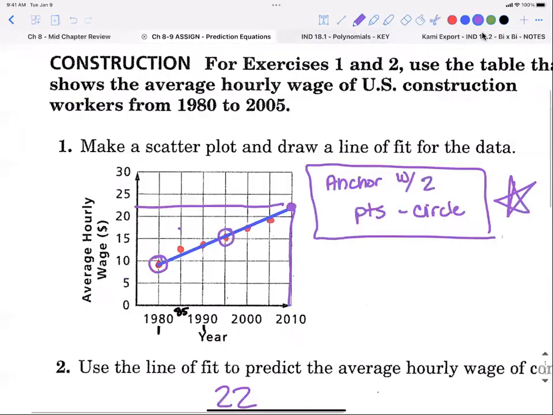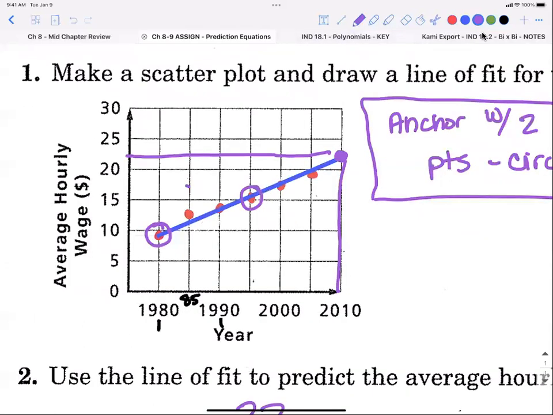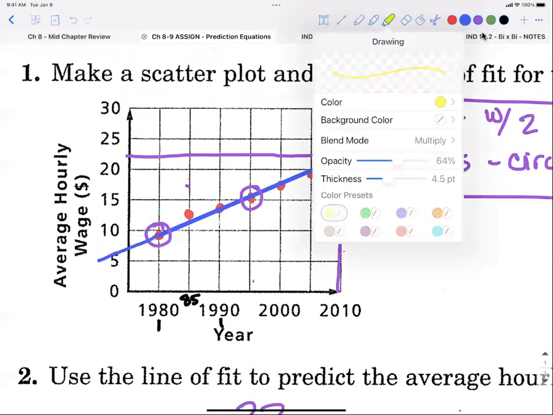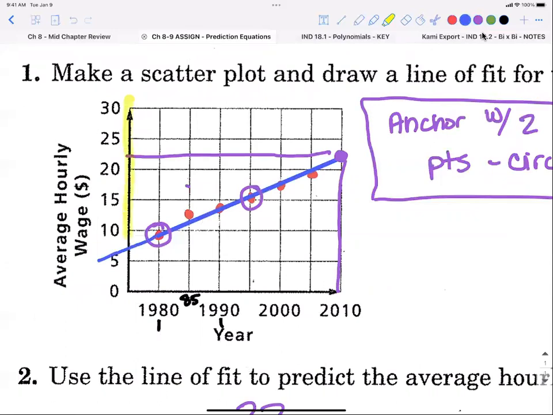If I was to ask you what's the B of this, would you have to do any math? What if I kept this line going straight and asked you what the B is? Remember, the B is your y-intercept. So what could you tell me just without doing a single bit of math? What's my B here? What would you guess that to be? About 6? I'd be cool with that.